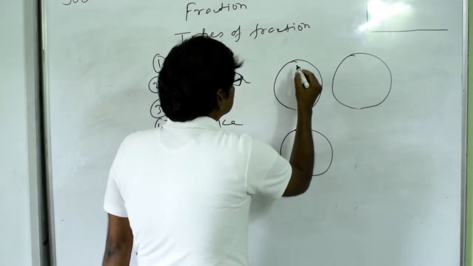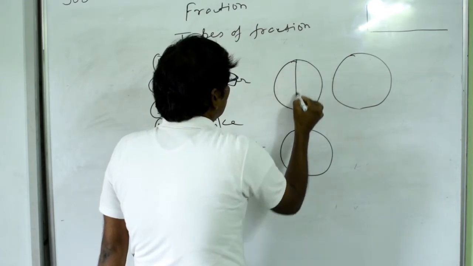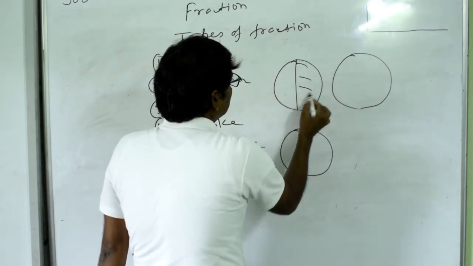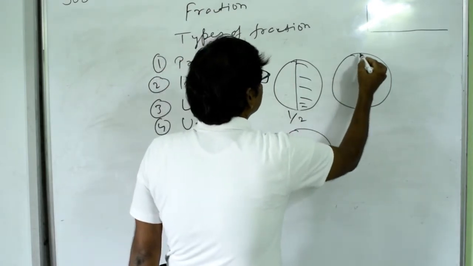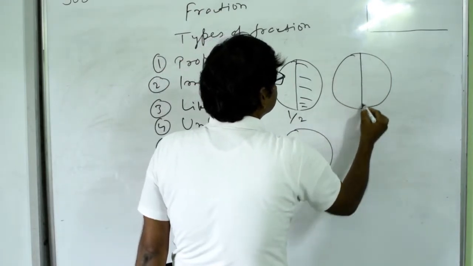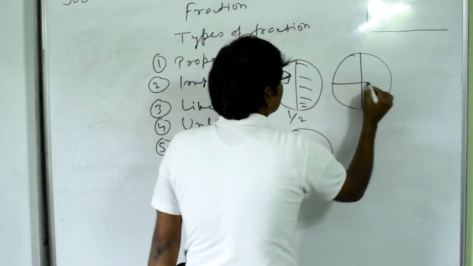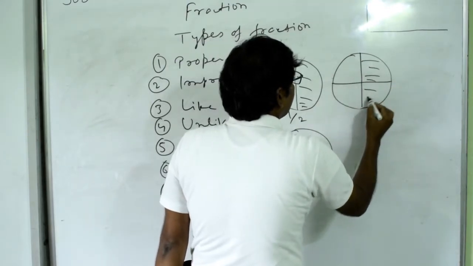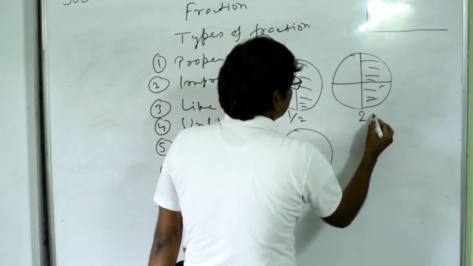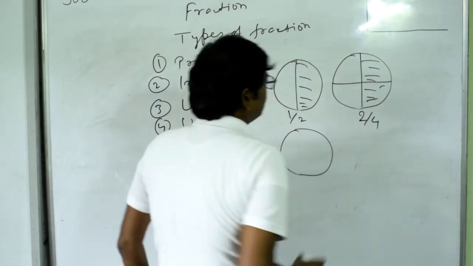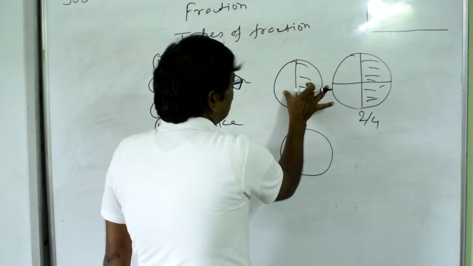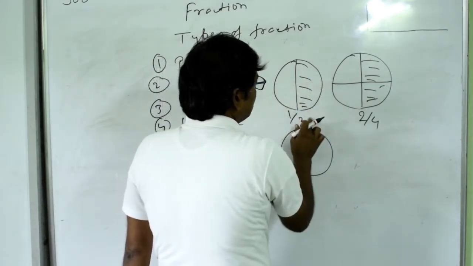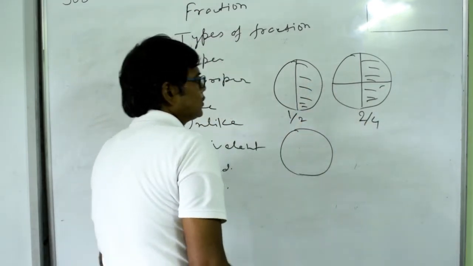Suppose this is 1 by 2, that is, if you shade this, then this is the 1 by 2 fraction. And here also if you shade this, this is 2 by 4. But actually this is also the half part of the whole circle, and this is also the half part of the whole circle. So 1 by 2 and 2 by 4 are equivalent fractions.